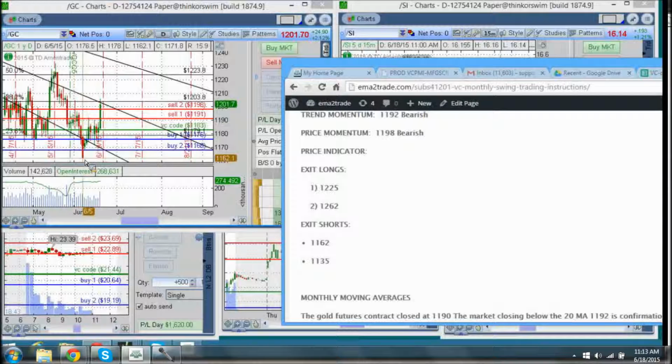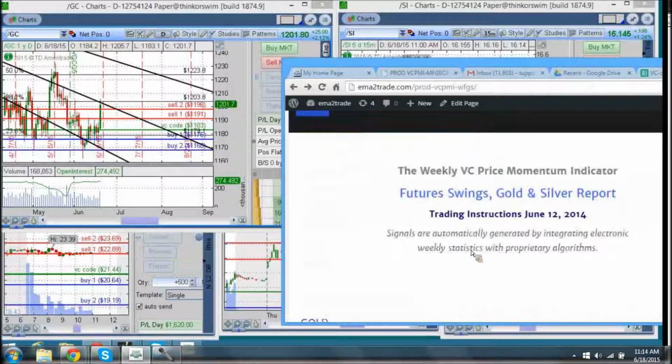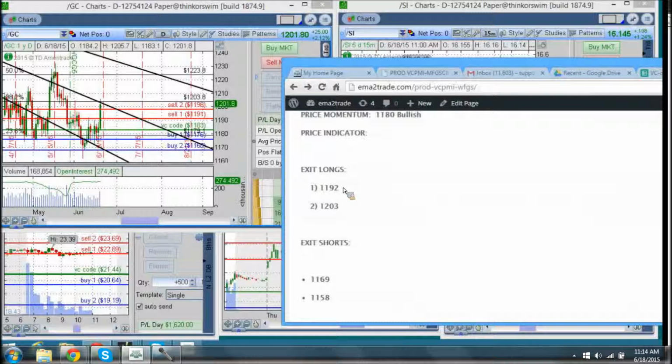Automatically, it brackets the levels above here that you see that have been accomplished as of today and beyond that. We've met the targets of 1203. The high today was 1205.70, and this was telling you basically that if we go to the weekly, 1192 to 1203 were the targets on the weekly.